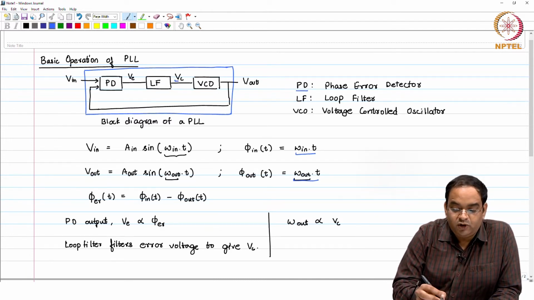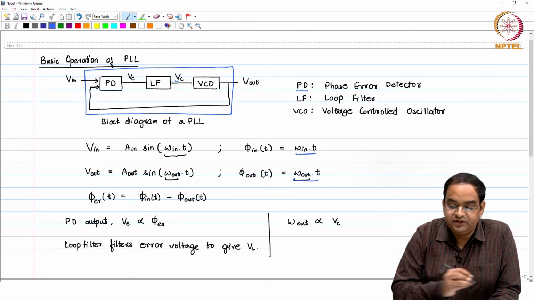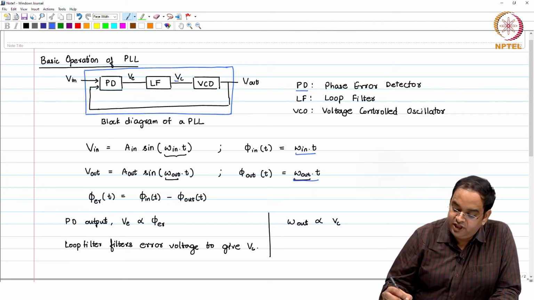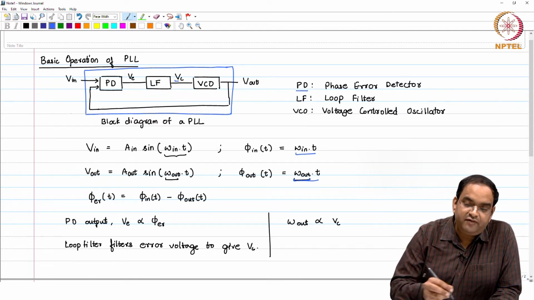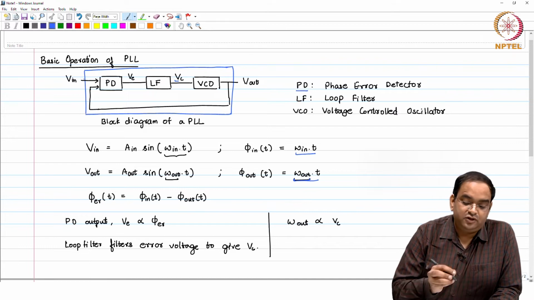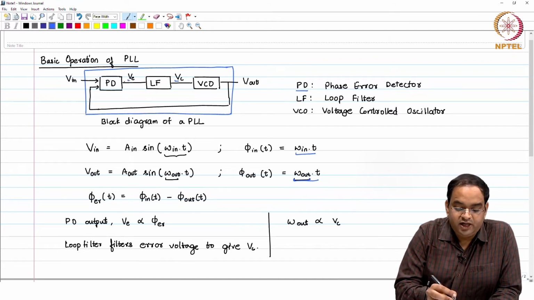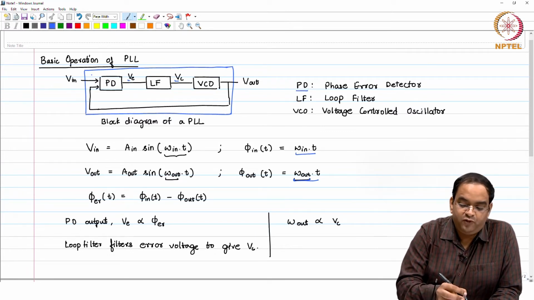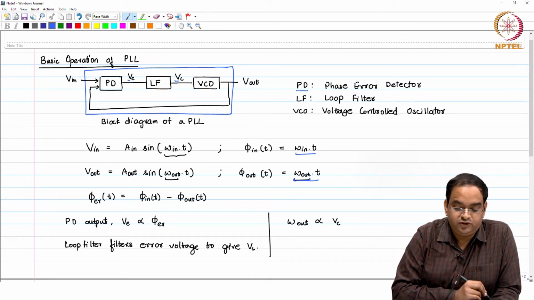This voltage changes the frequency of the voltage controlled oscillator, and as you change the frequency, you change the phase of the oscillator. When you change the phase of the oscillator, your error voltage will reduce, and the input phase and output phase will come closer.